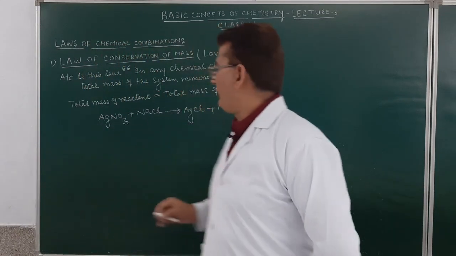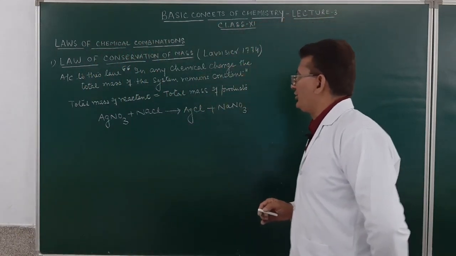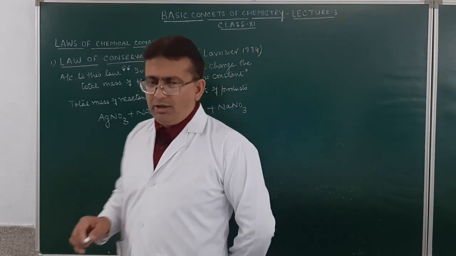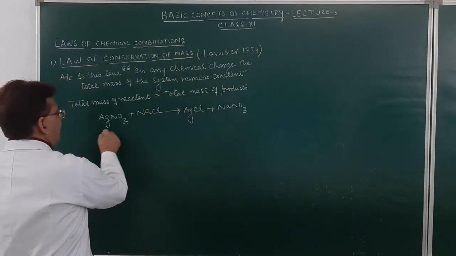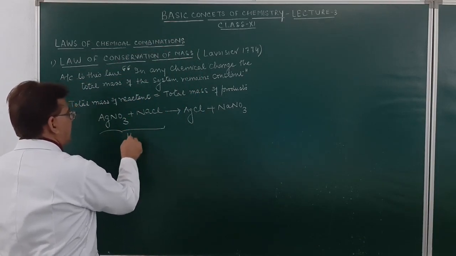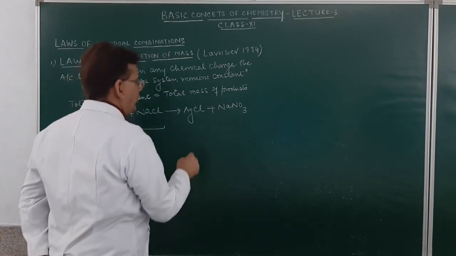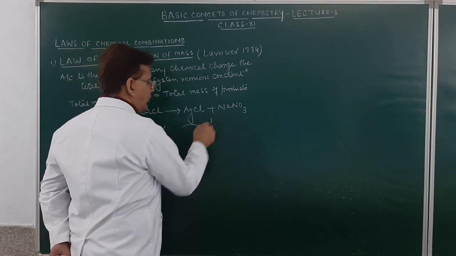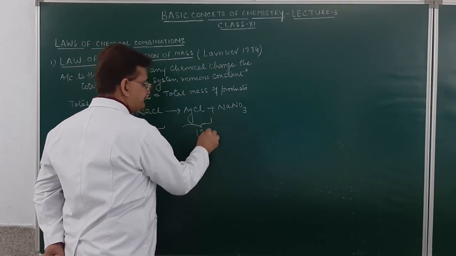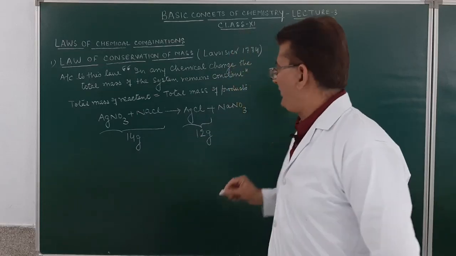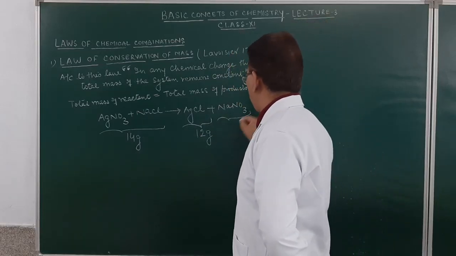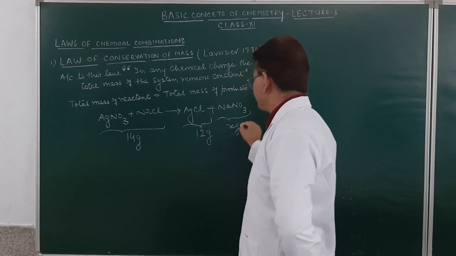The total mass of the reactants will be equal to the total mass of the products. Now, suppose the mass of the reactants is 14 gram and 12 gram of AgCl is formed. So what will be the mass of sodium nitrate? We have to determine this. Let it be x gram.